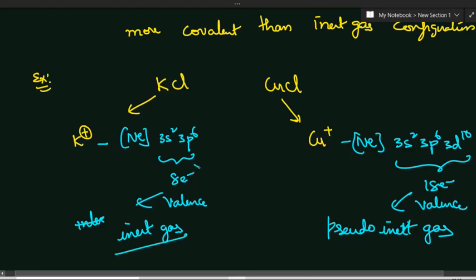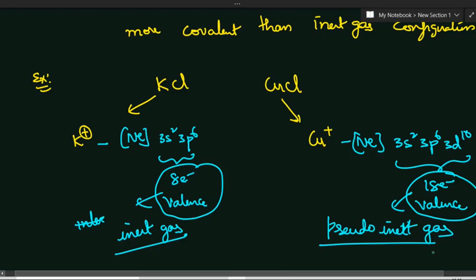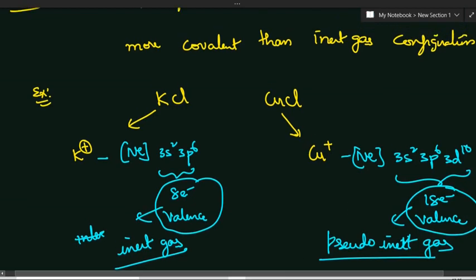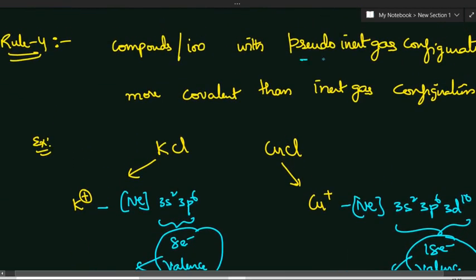Inert gas means 8 electrons in the valence shell. Pseudo inert gas means 18 electrons in the valence shell. Okay. So now the rule number 4 says compounds with pseudo inert gas configuration are more covalent. So therefore CuCl is more covalent compared to that of KCl.